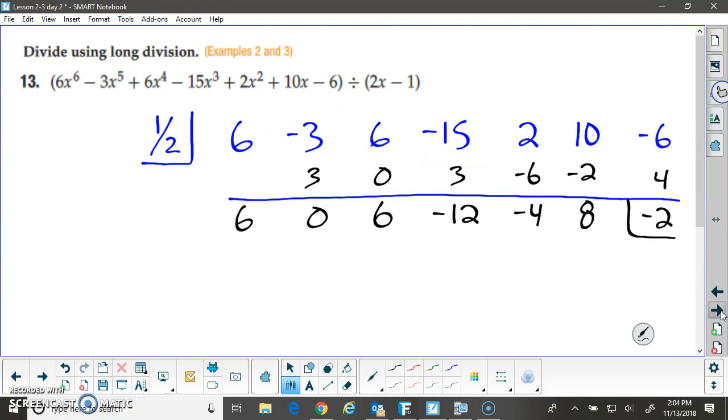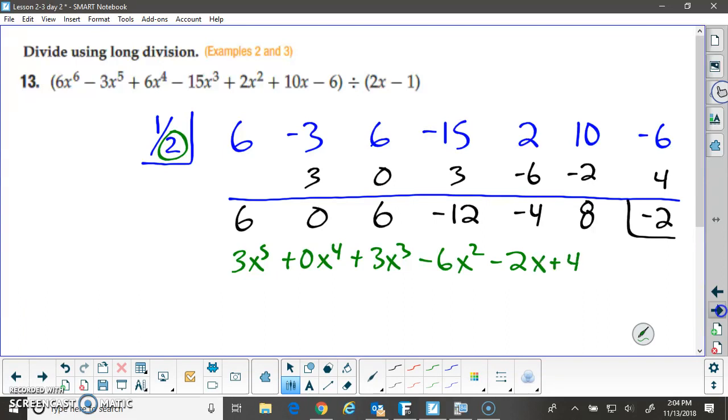So here's what I'm telling you, if you do synthetic division and you have a fraction inside your box, you have to divide each of these resulting coefficients by the denominator in your box. So that's how I'm going to get 3x to the fifth, 0x to the fourth, 3x to the third, minus 6x squared, minus 2x, plus 4.